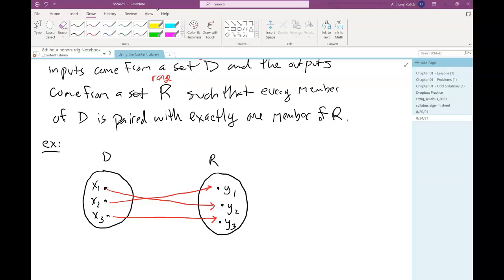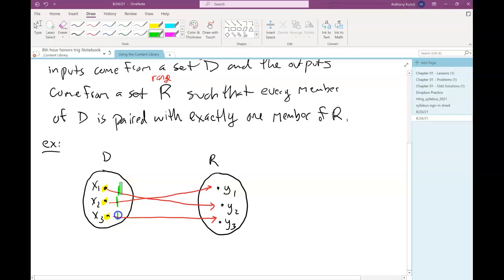Let's just walk through the definition here and check to see whether this represents a function or not. So the definition has two parts. It says that every member of D is paired. So if I look through, each one of those three is paired with something else. And then I have to make sure that it's paired with exactly one thing.